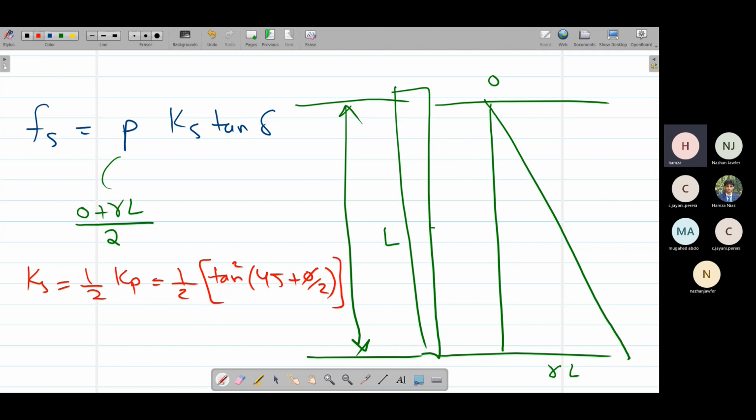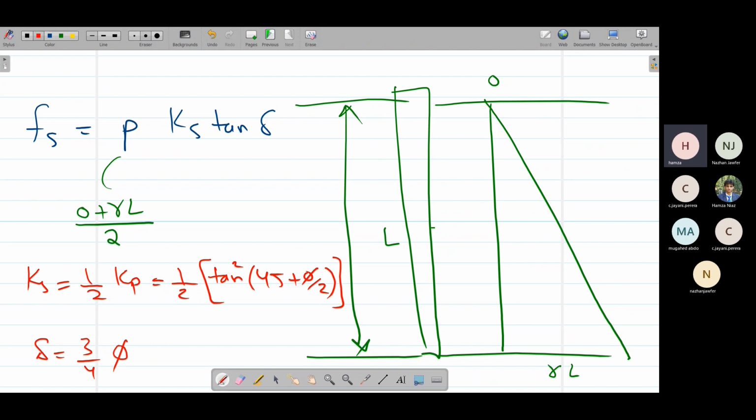In the question, they have also taken this formula. And the last thing is the delta. So delta is simply 3/4 of phi. Whatever the angle of internal friction for the soil is, we'll multiply it by 0.75 and get the delta value. So this way we can get the shaft resistance.